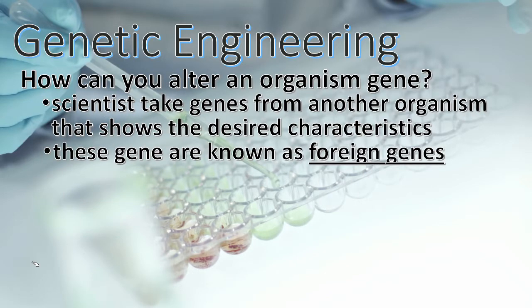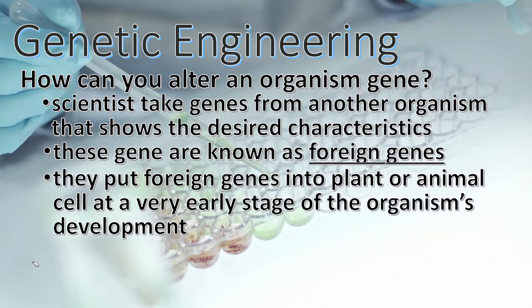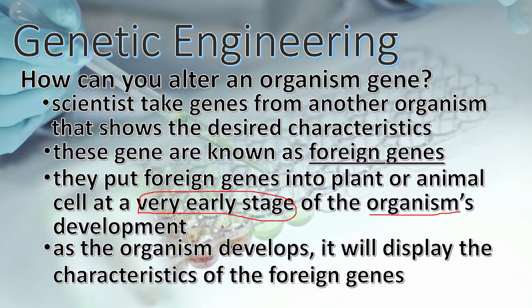These genes are known as foreign genes, and they put these foreign genes into the cells of plants or animals at a very early stage. After that, as the organism develops, it will display the characteristics that the foreign gene has.